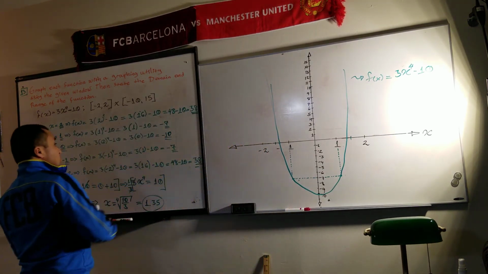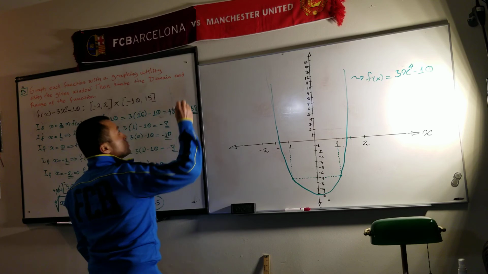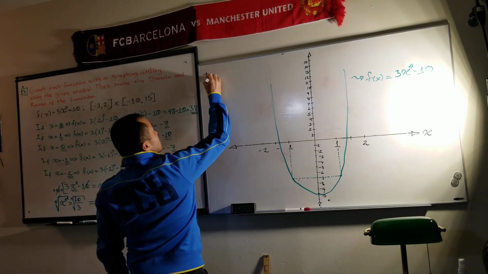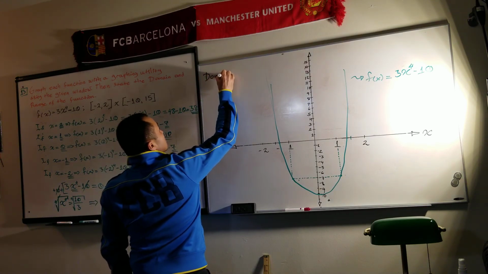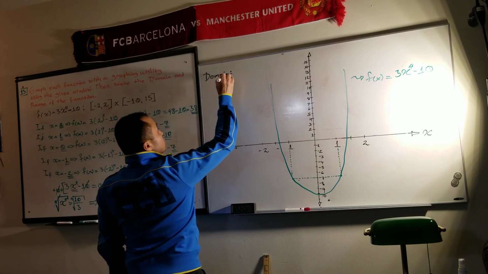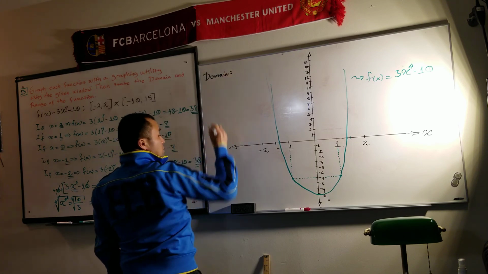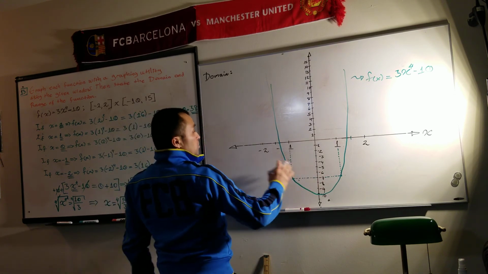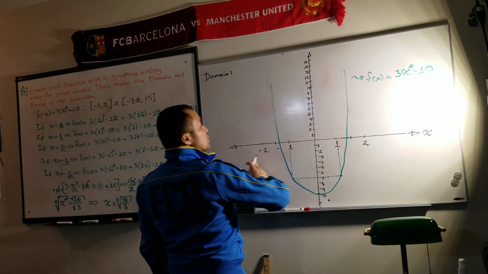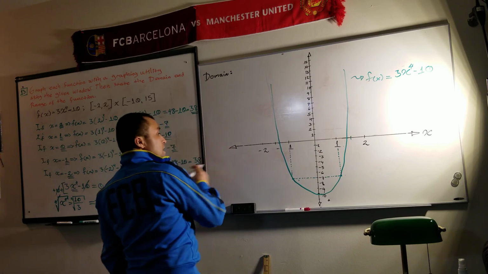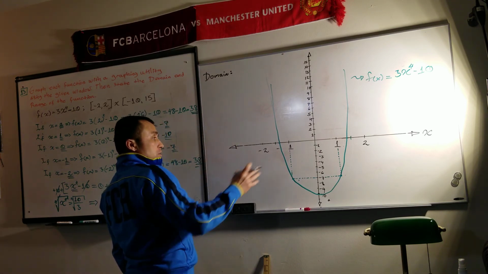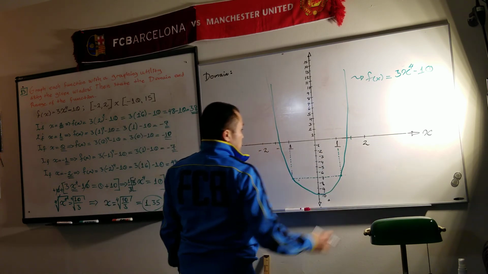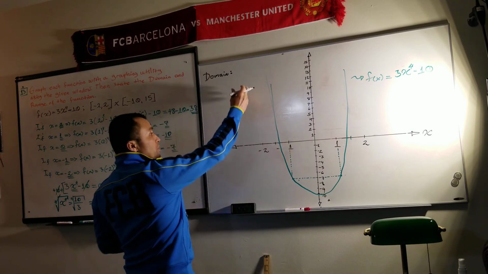Anyway, the main purpose is to find the domain, and the domain of this function is, let's analyze the graph and see. I will plug in numbers. Is there any restriction on the x-axis, or can all the numbers be included on the graph?